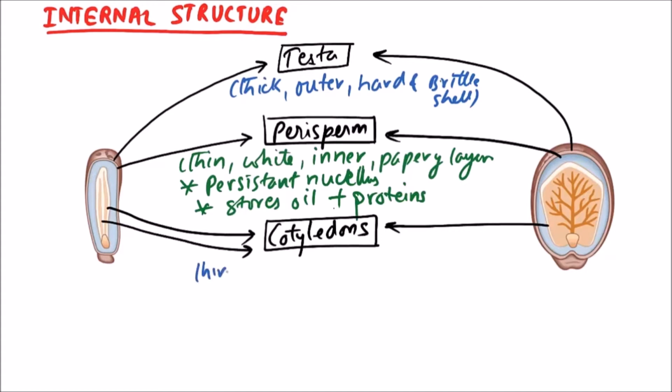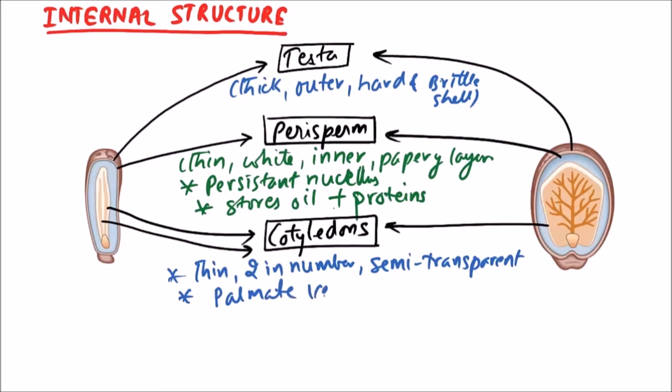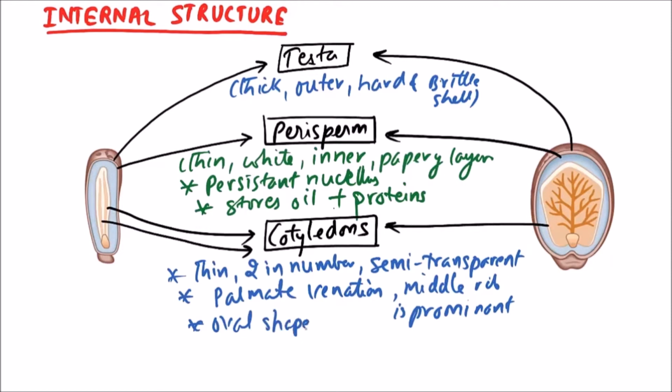Cotyledons are thin, 2 in number, semi-transparent. These have palmate venation, in which the middle rib is prominent. The shape may be almost oval. So these are the cotyledons.